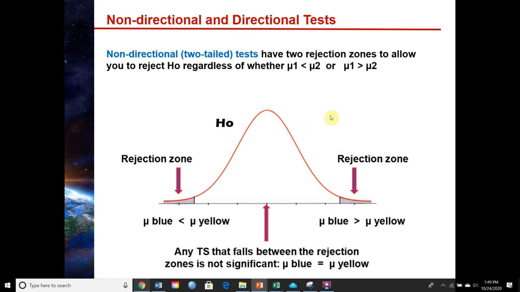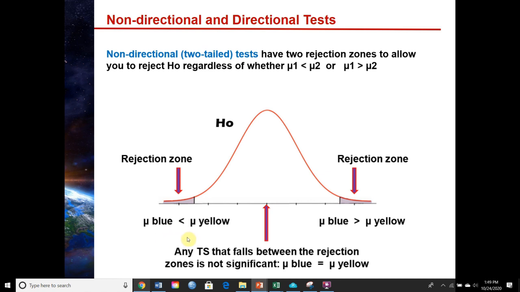And you know what? It really depends on what you want to call group 1 and group 2. If you call group 1 the blue group and group 2 the yellow group, then after you measure their mood, if blue, group 1, happens to score less than yellow as far as mood, then you're going to get a negative TS value.